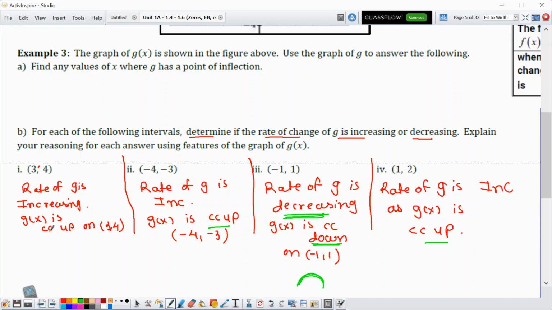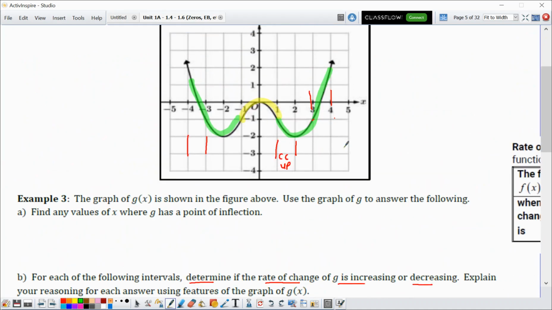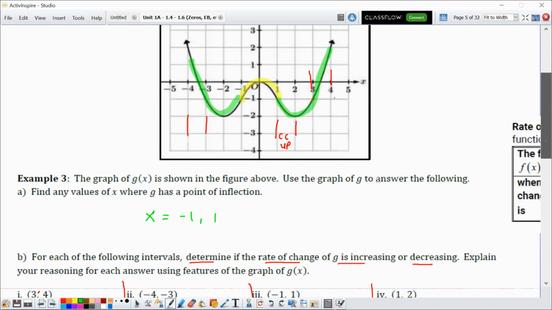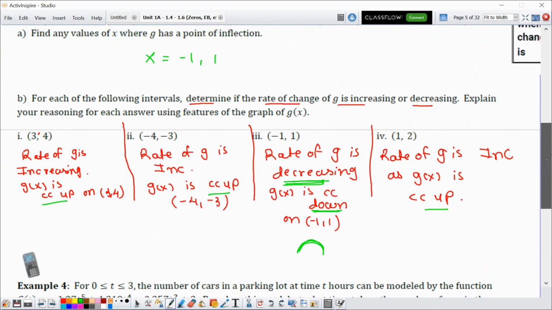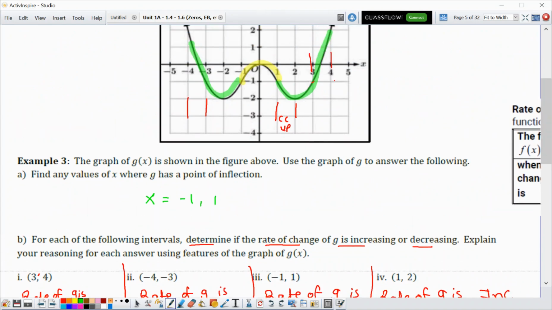Everywhere else is CC up. You have to answer all these questions based on the graph. POI is negative 1 and 1, and you have to identify whether the rate is increasing or decreasing and tie it with the concavity. Now the last example, example 4: I do not have a calculator at this time, and we will do it some other time. Thank you so much.